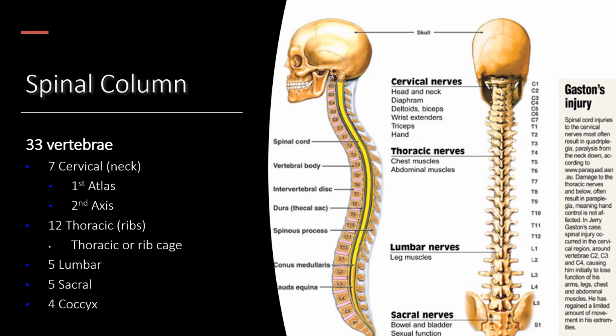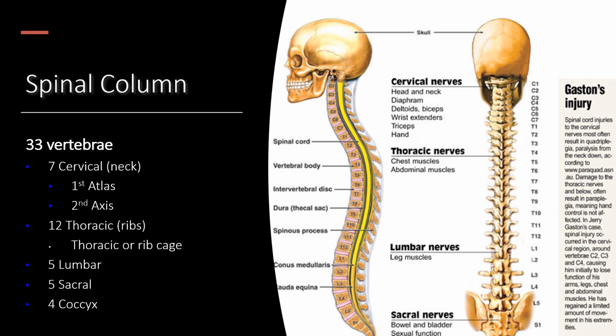The top one is called the atlas, and the second one is called the axis. And if you imagine the head as being a map of the world or a globe of the world, that represents your atlas, and the axis is where that globe pivots.